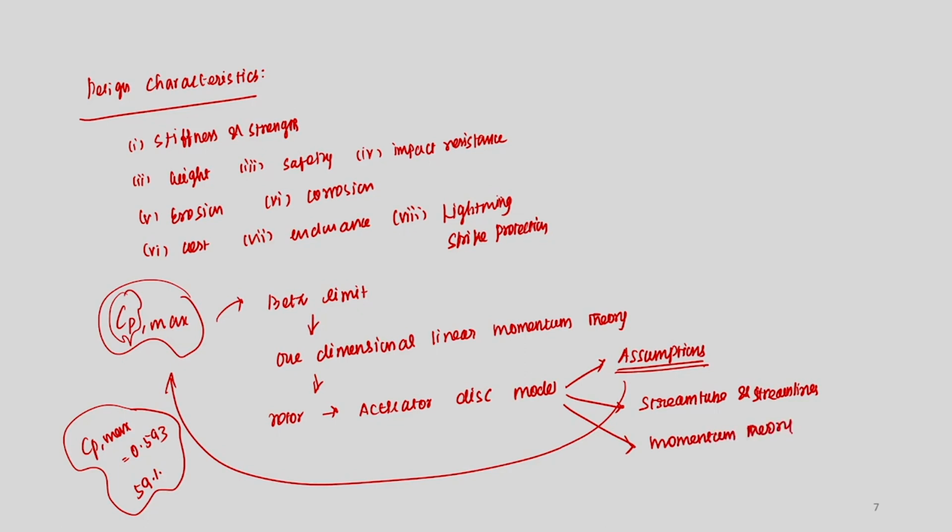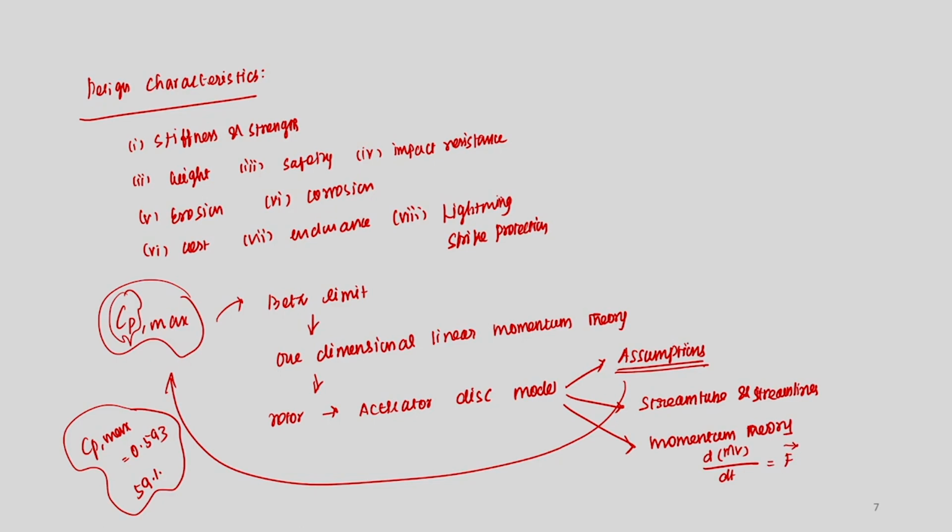The basic phenomenon would be Newton's second law of motion, that is rate of change of momentum. So, momentum is m into v, mass into velocity upon dt, which is nothing but the sum of the force applied.